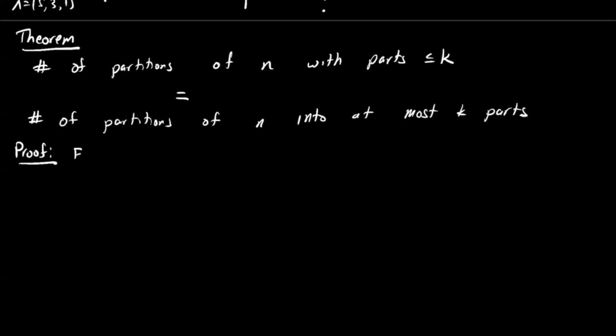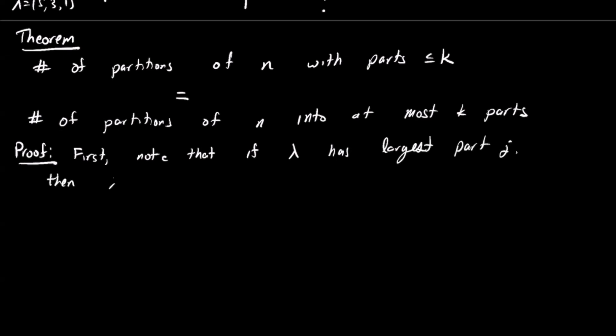So first, I'll note that if lambda has largest part j, then lambda bar has j parts, right? Because the columns become rows, the rows become columns.